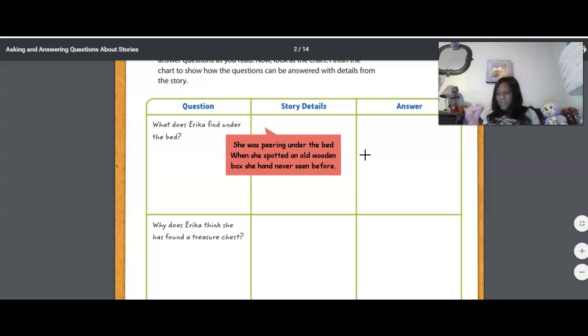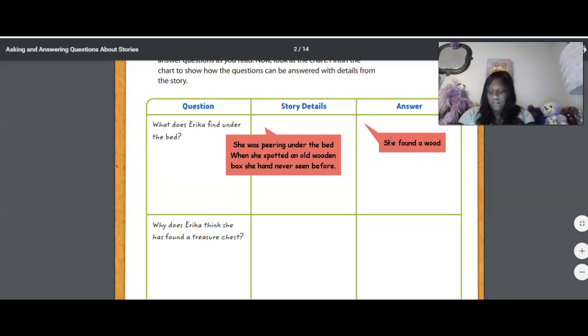Okay? So now if we just want to go ahead and answer the question, now is where we would just go ahead and put in the answer to the question. So we have our story details, but what did she find under the box, under the bed? I'm sorry. And the answer is she found a wooden box.